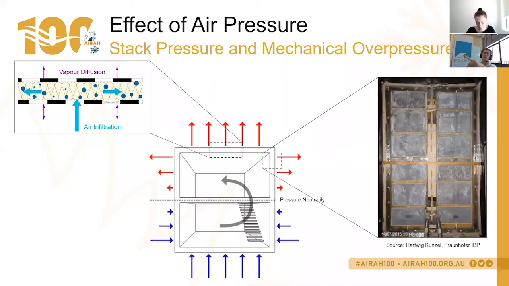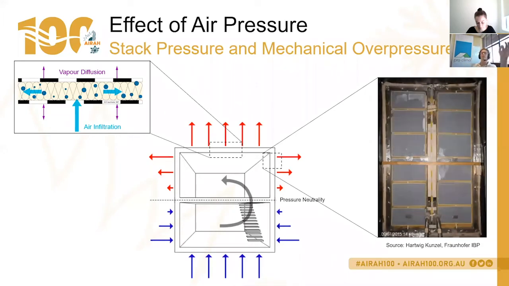And what you're seeing on the right there is a wall system in a research lab at Fraunhofer in Germany, where they looked at air transported water vapor coming through a small hole in the warm side of the structure and then being transported to the clear perspex on the cold side of the structure. And what you see is a condensation effect happening all over that vapor barrier perspex. So that mechanism needs to be looked at using the specific clause in DA07. That's quite important.